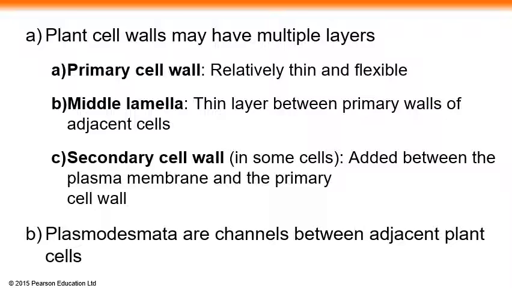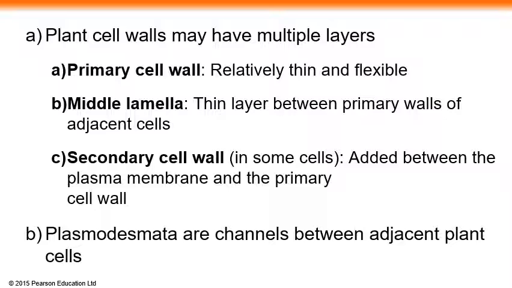And plasmodesmata are channels between adjacent plant cells. Sometimes one plant cell has some difficulty communicating with another plant cell because they are separated by a strong cell wall.